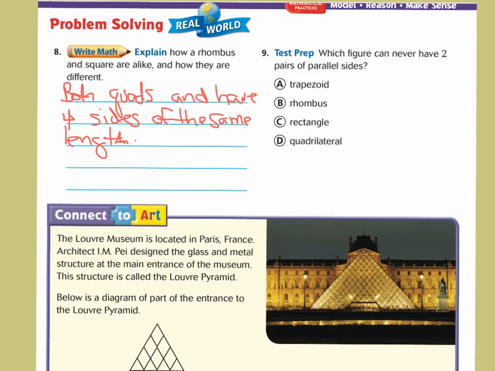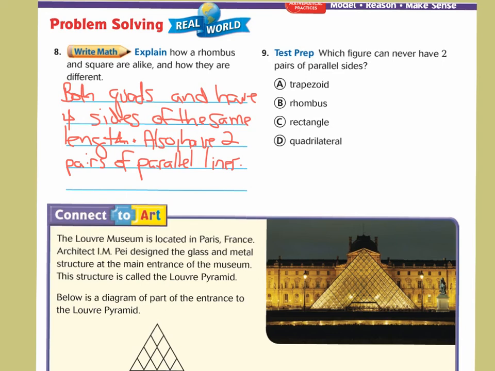One more thing, the opposite sides, they have 2 pairs of parallel lines, right? So they also have 2 pairs of parallel lines. What makes them different from each other, and I keep saying the rhombus is like a slanted square.